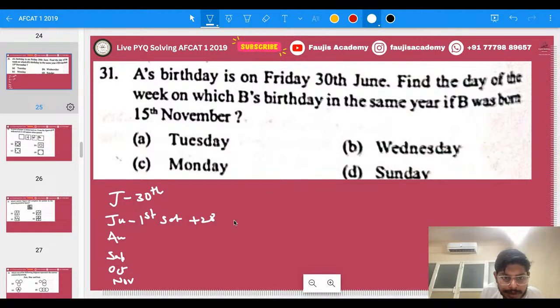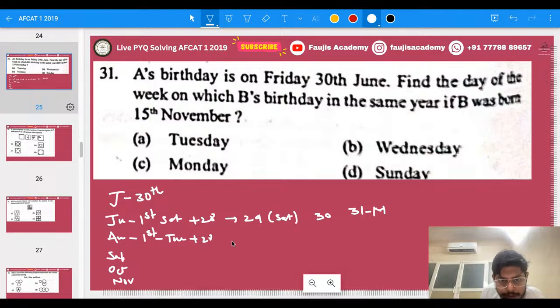Plus 28, July 29th will also be a Saturday. 30th Sunday, 31st Monday, which means August 1st is your Tuesday.